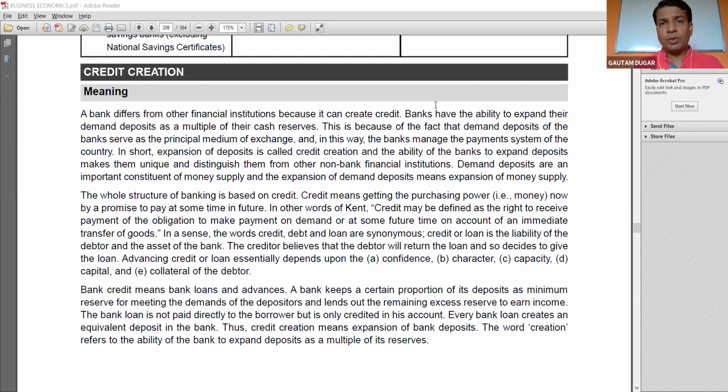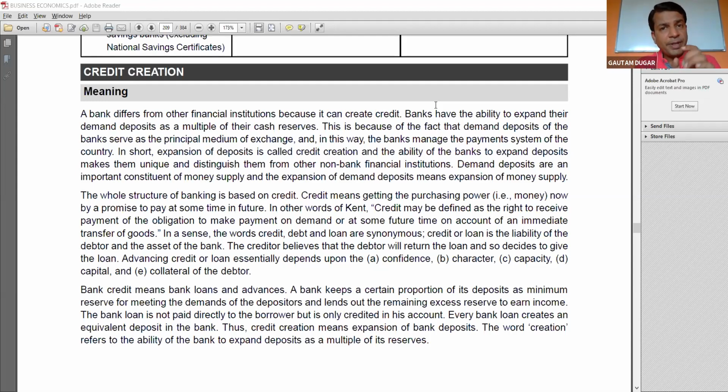In fact, you must know that this 10%, the reserve ratio, is mathematically 1 by 10. Now, if we add up the credit creation by the several banks, there is 1000 plus 900 plus 810 plus 729 and so on. This process goes on till infinity.